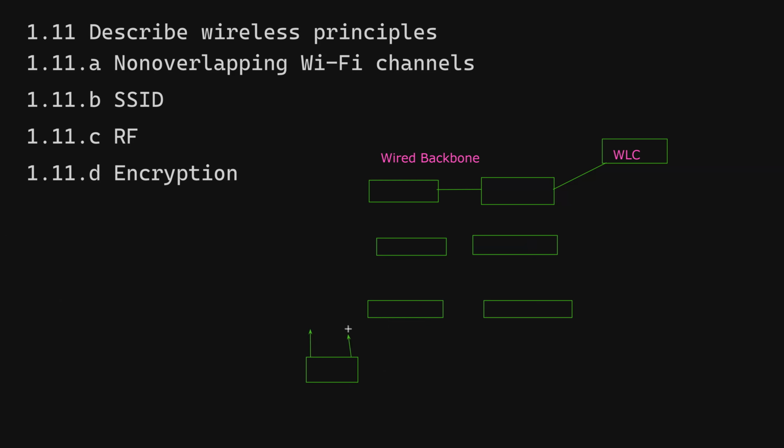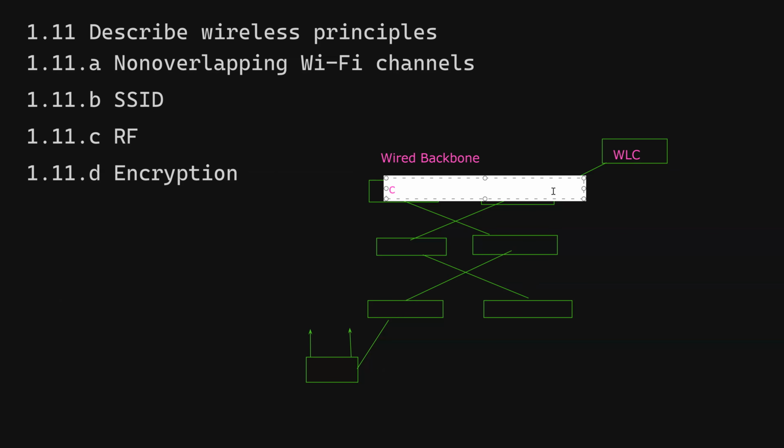Suppose this is my access point, and we have the connectivity. This is core.